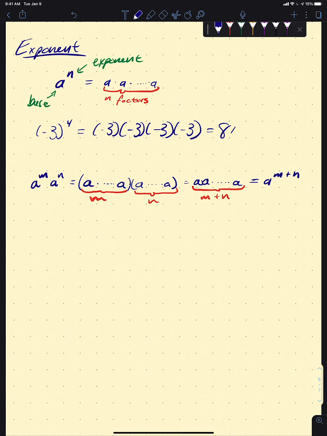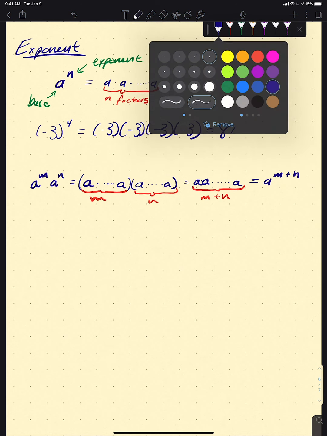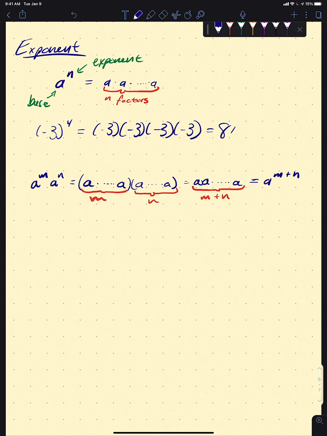And this is, in a lot of ways, the defining feature of exponents: when you multiply two exponents with the same base, you add the exponents. Two other important rules are that for any real number a, where it's important to note that a does not equal 0, the following are always true.